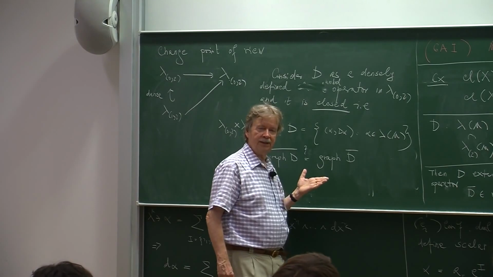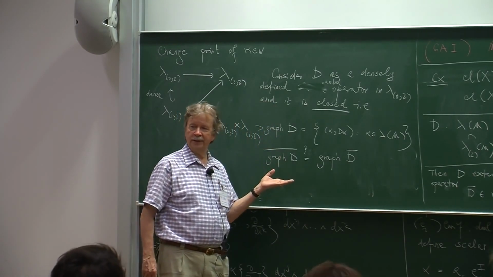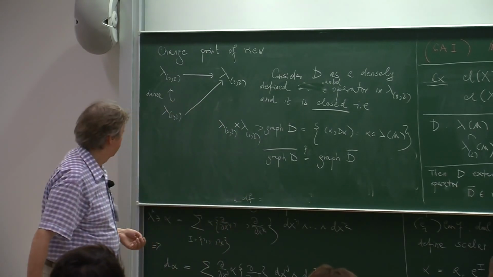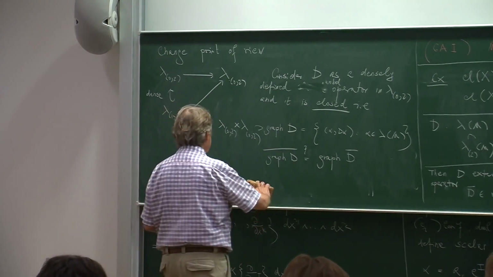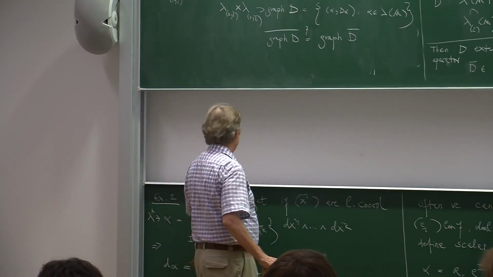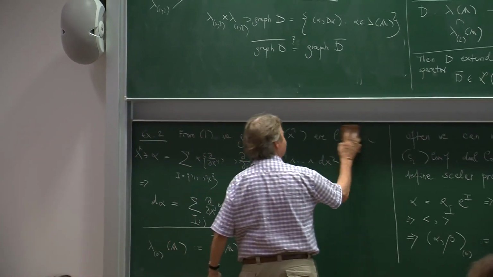You can easily make examples for such maps where you don't have this property. So this is also fairly simple algebra. And I make here another little exercise.